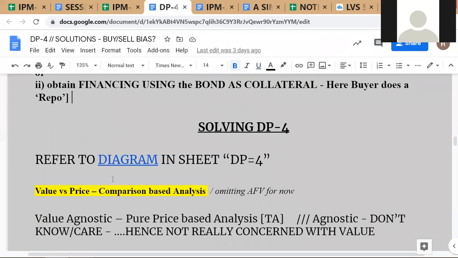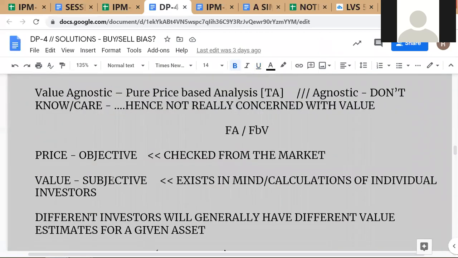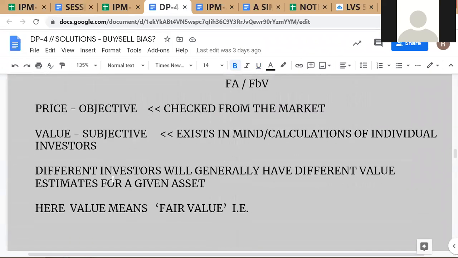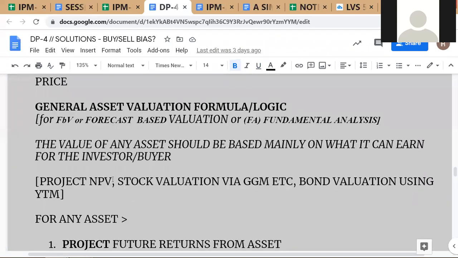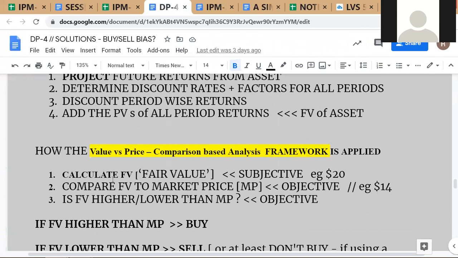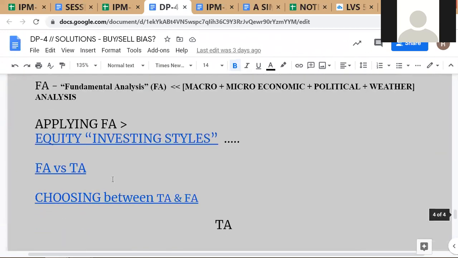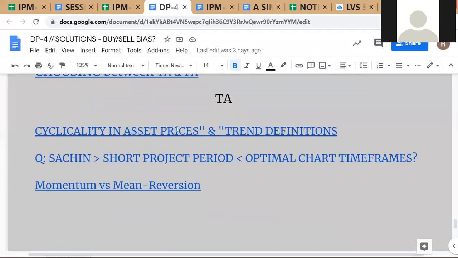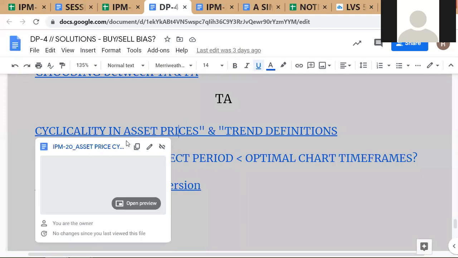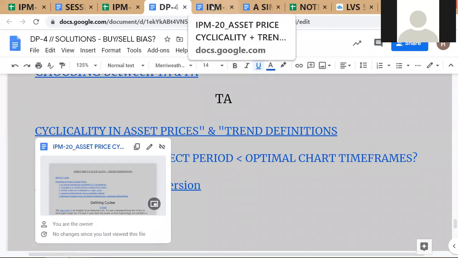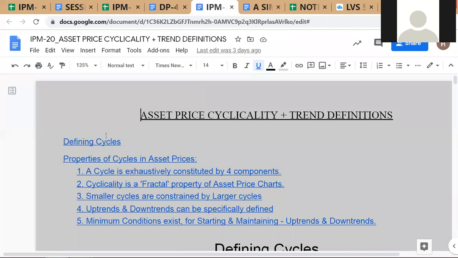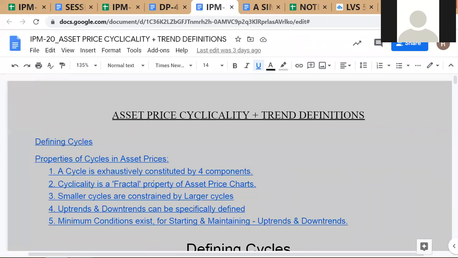I'm just looking for the hyperlink for this one. Okay, so this is where we were, and we already have this opened up. All right, so this is where we were.